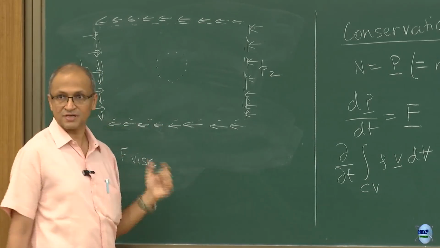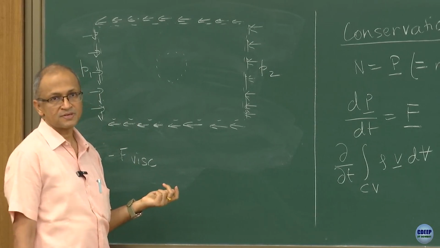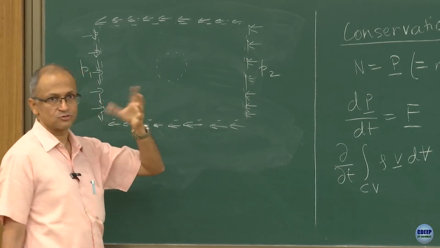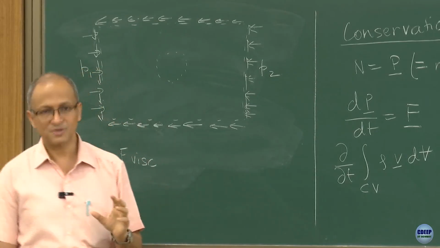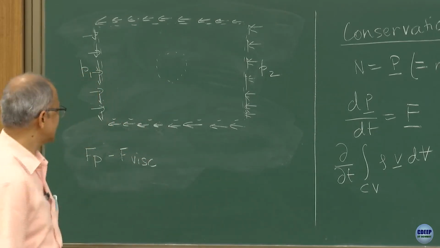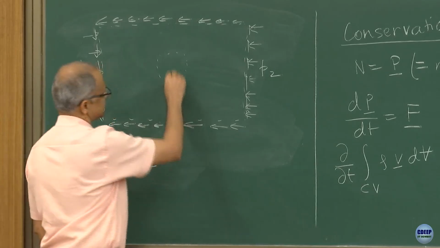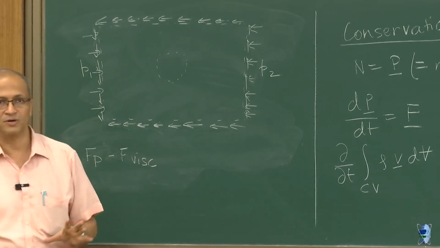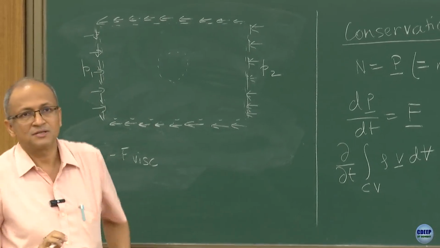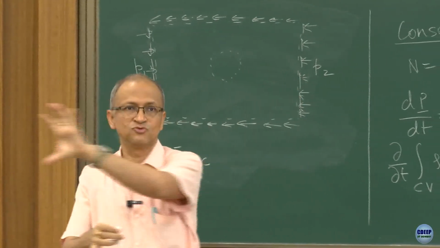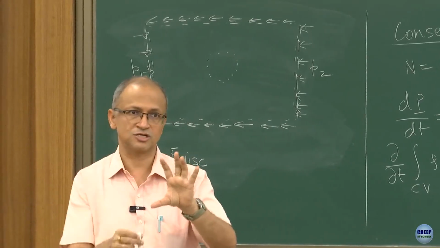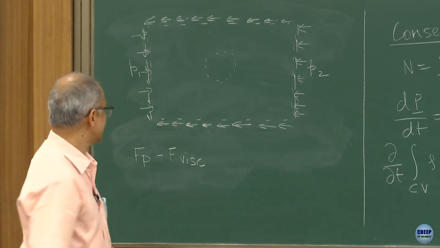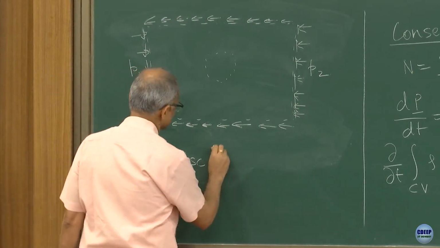What other force is there? The drag itself. Weight you can put in, depending on the orientation, but let us say I will not bother about weight for now. I can orient the object so that the weight is acting in one direction and the force is acting in the other direction. So in the direction of my drag, the weight is not really important here. Just to keep it simple, I will do that.